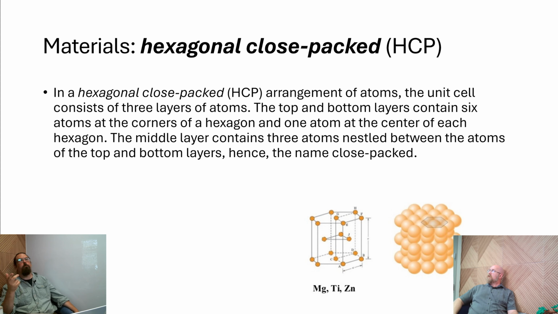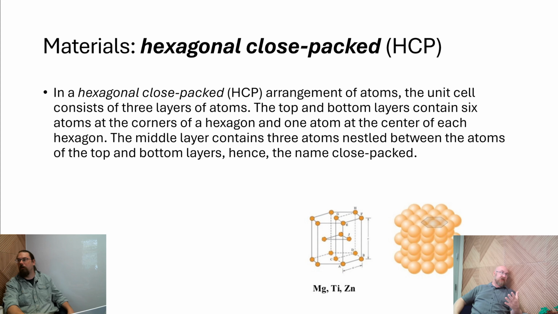I think another important thing to point out is that the elements we're calling out here are not the exhaustive list of all the elements that can assume this formation. These are just the typical ones.